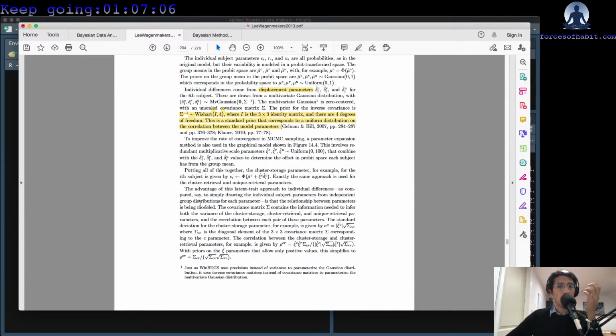So it's like a hyperparameterization that builds hierarchical structure for each of the parameters in the model.